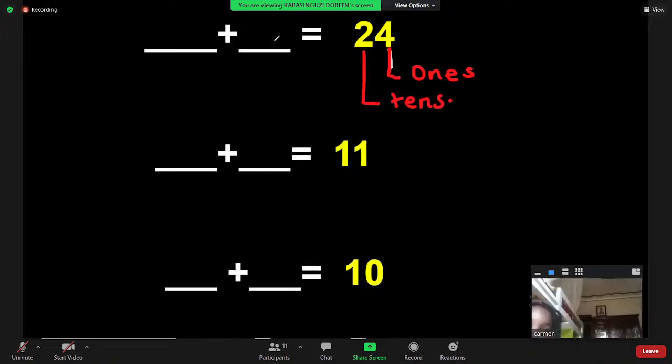We put 2 in the first one. What is 2 times 10? 2 tens. How do we write 2 tens, Carmen? Do we just write 2? No. What do we write?